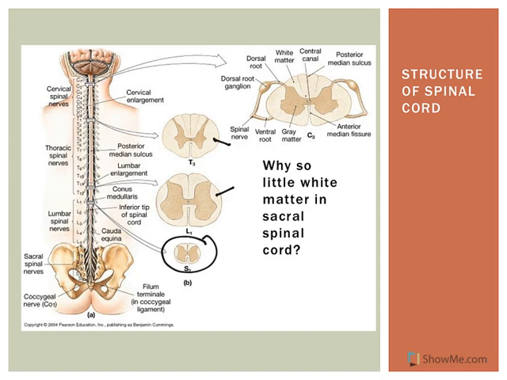Think about it: the cervical spinal cord has information coming from all the way down at your feet up to the brain, and information going down from the brain to the feet. It has to have more white matter, because white matter is those myelinated axons. It's getting information from all parts of the body. In the sacral spinal cord, there are only things coming from the very lower part of your body. So there's a lot more white matter in the cervical spinal cord, not so much in the sacral spinal cord.